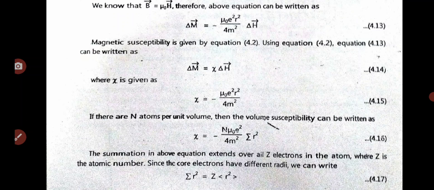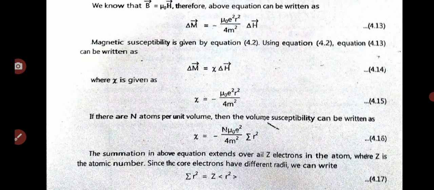Putting this value in the above equation, we get the magnetization relation, minus mu naught e square R square divided by 4 m square into delta H. And if we want to calculate the magnetic susceptibility, we have to know that the magnetization vector is given as chi into H.